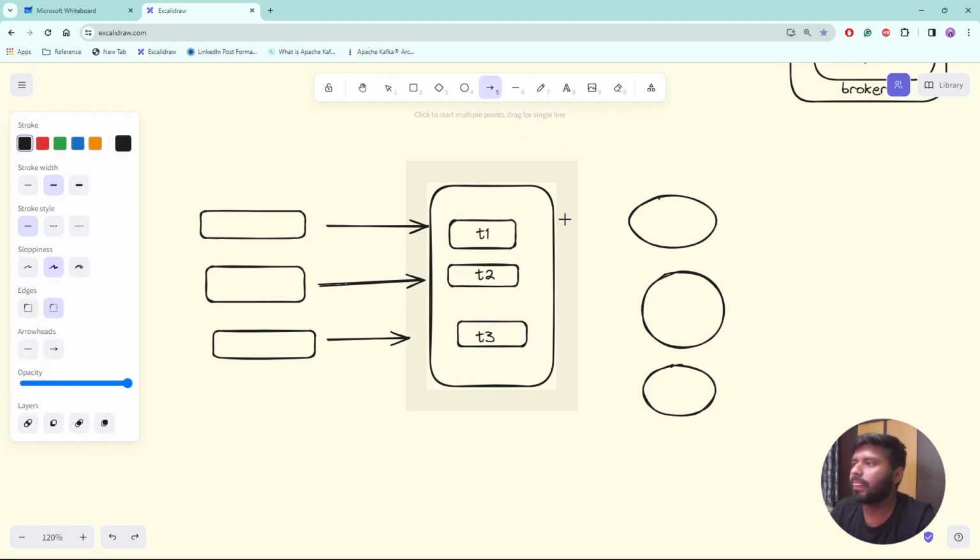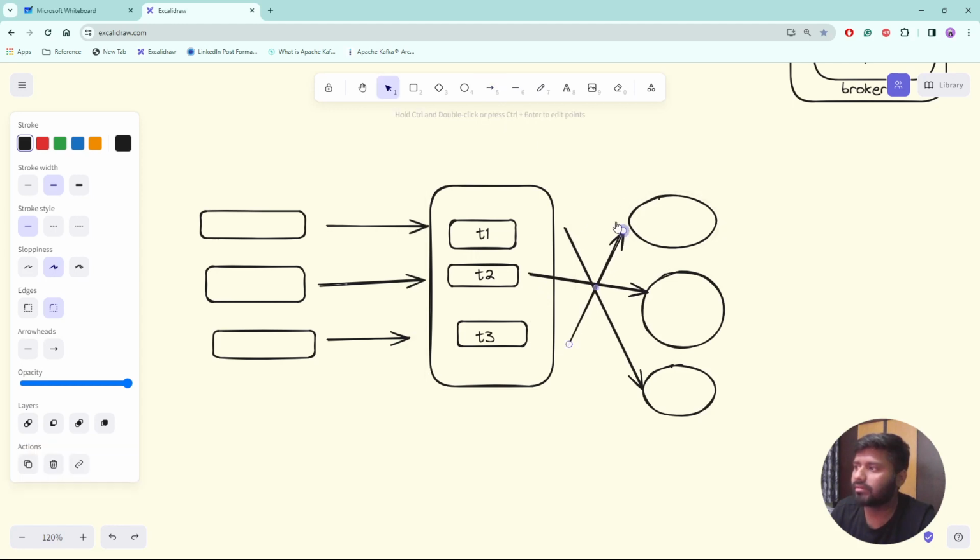Finally, let's say this specific consumer would like to consume the topic 1 data, this specific consumer would like to consume the topic 2 data, and this specific consumer would like to get the information from topic 3.